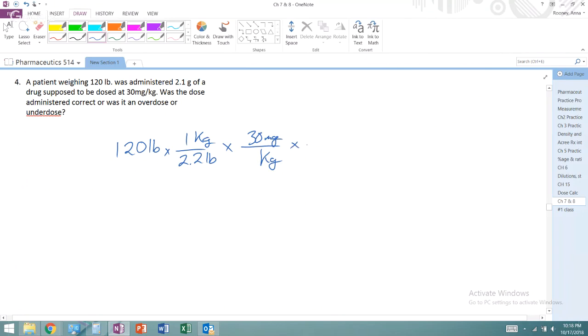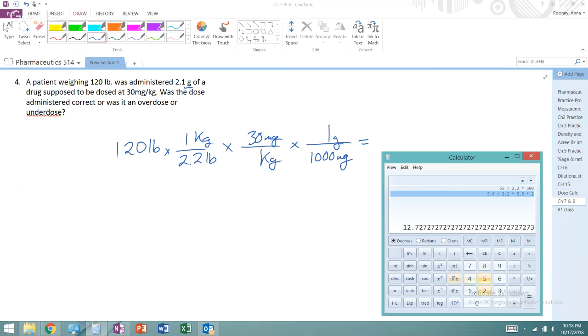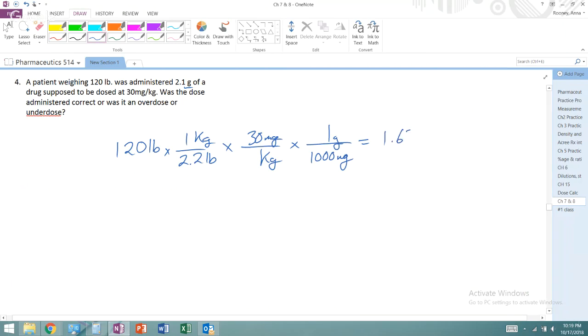And then let's convert that in here. 1,000 milligrams for every 1 gram, because they have a gram here, so that we know what we want. So 120 divided by 2.2 times 30 divided by 1,000 is 1.63 grams. So 1.63 is less than 2.1. So this dose was an overdose.